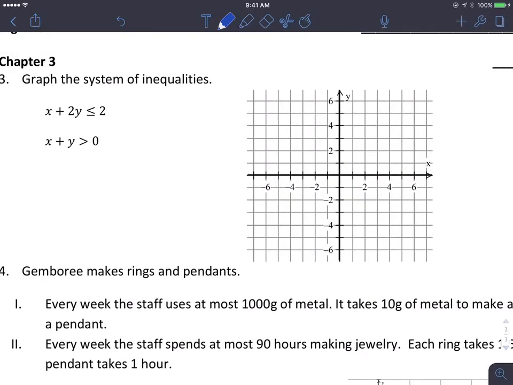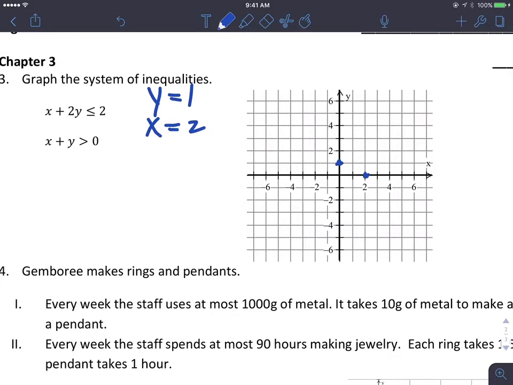If I cover up x, 2y is less than 2, solve for y equals 1. Then if I cover up y, x equals 2. So y is 1, x is 2, and then we're going to connect those points.